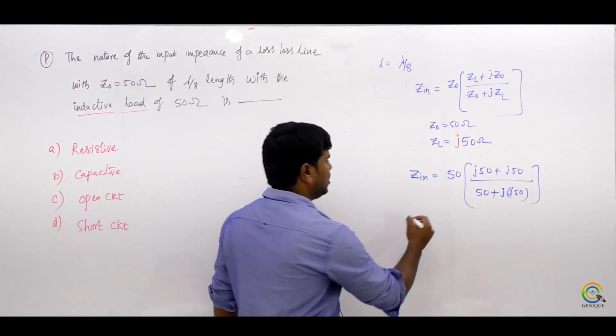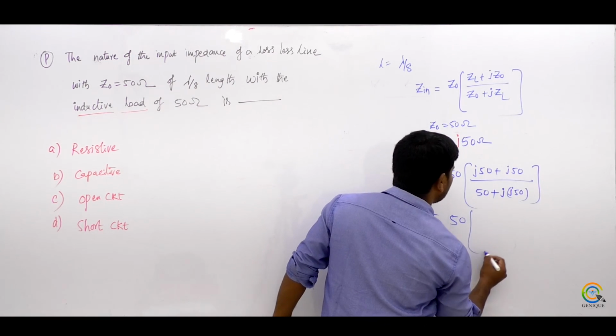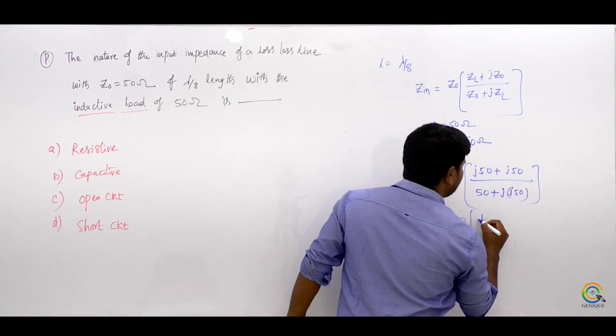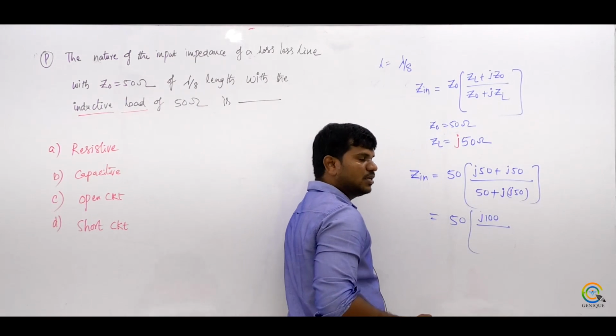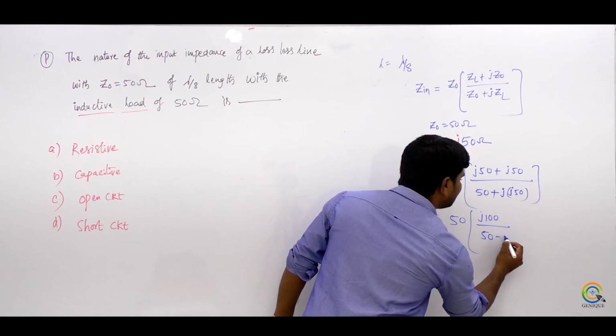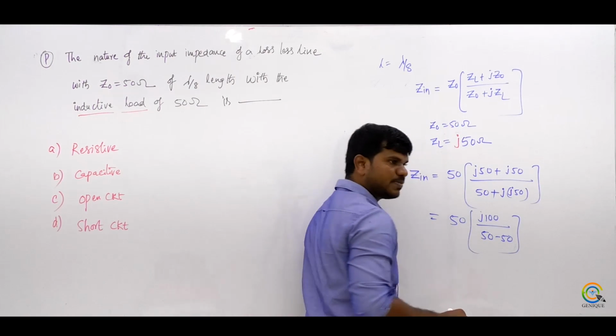How much will you get? Here it will be 50 into j100 divided by 50 minus 50. Here j square is minus 1.